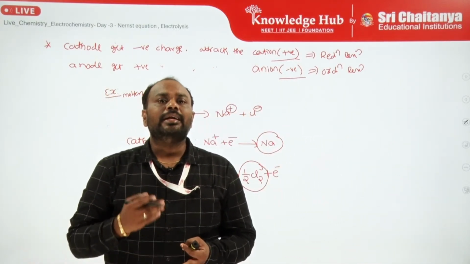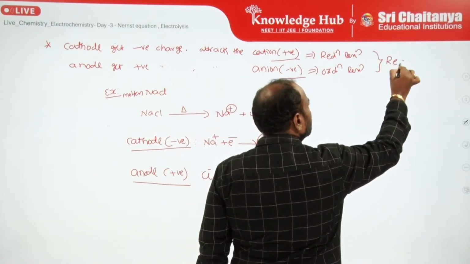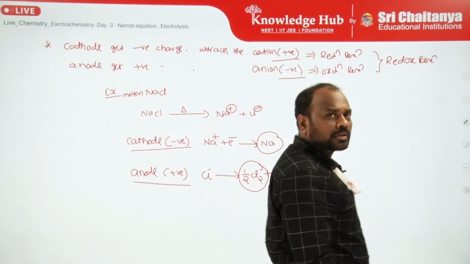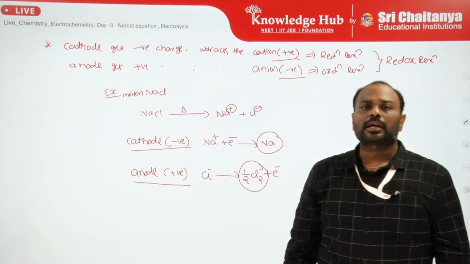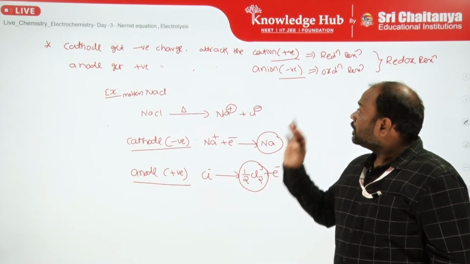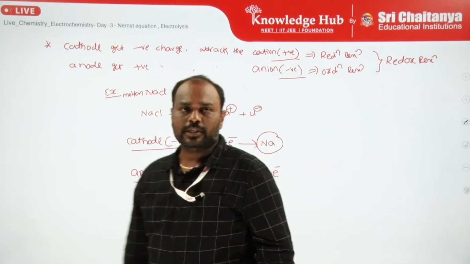Overall, a redox reaction takes place. So in an electrolytic cell, both oxidation and reduction reactions take place. This is molten NaCl.